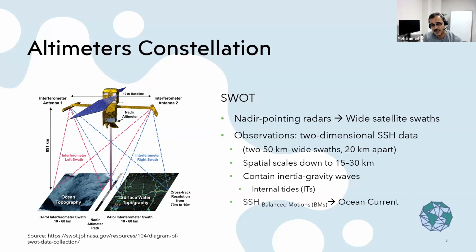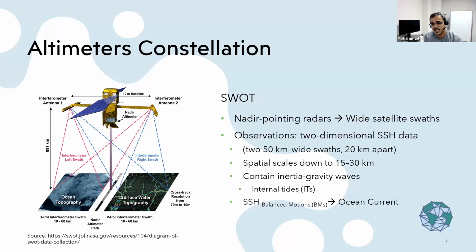And at this spatial resolution, SWOT signals will contain both balanced motions and inertia gravity waves, including internal tides. And internal tides would have an imprint on both sea surface heights and the velocity fields. But what's the problem?